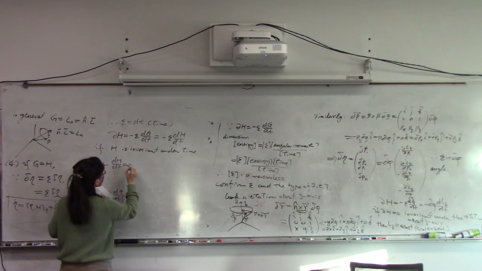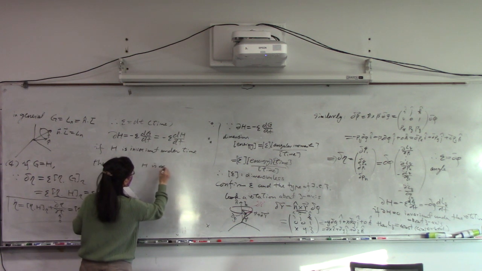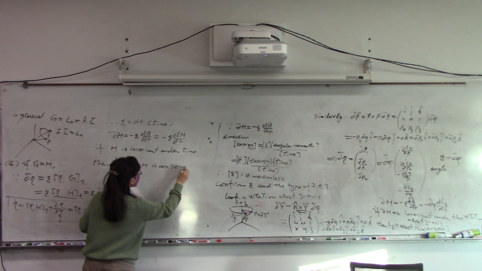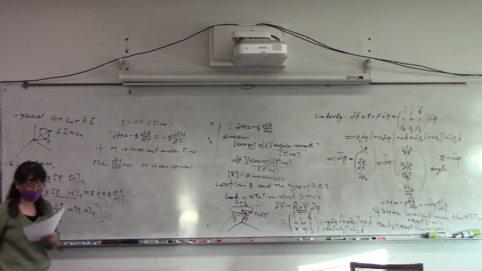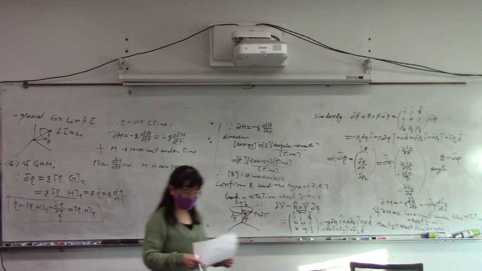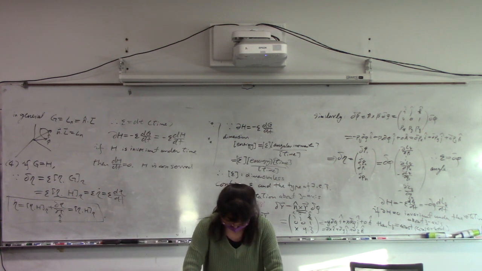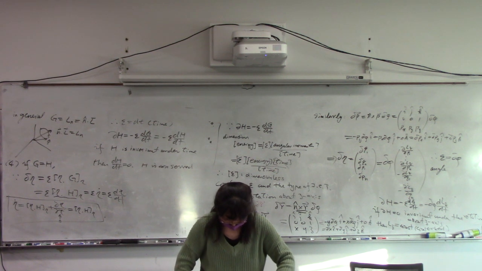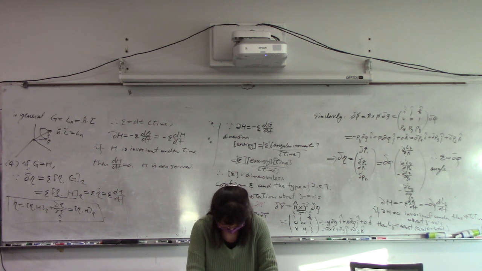It makes sense, right? H is conserved. We know that if the Hamiltonian of the system does not depend on time, the Hamiltonian is constant, it is conserved. So those are examples to see the relation between the generator of the infinitesimal canonical transformation, the Hamiltonian, and the symmetry of the system. So that is the connection.